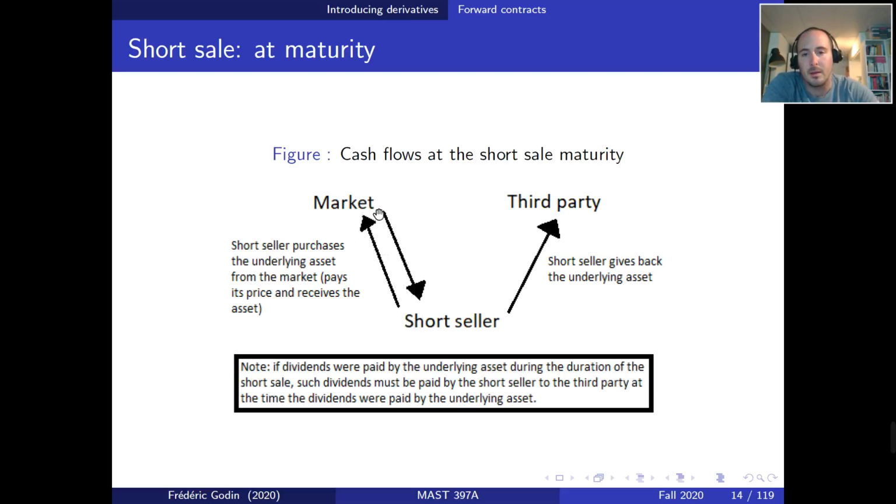The market gives the short seller the share, but the short seller gives the value of the underlying asset in cash to the counterparty on that future date. And then because he received the underlying asset, he can give it back to the third party. And as we mentioned, if dividends were paid by the underlying asset between the initiation date and the maturity date, these dividends, as denoted here, must also be repaid from the short seller to the third party.